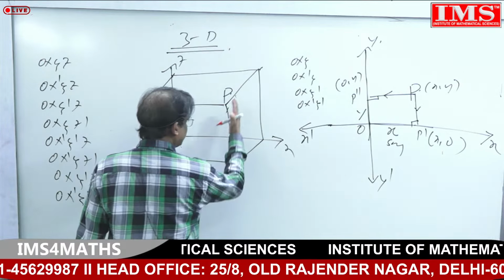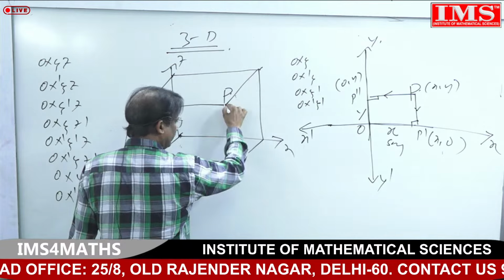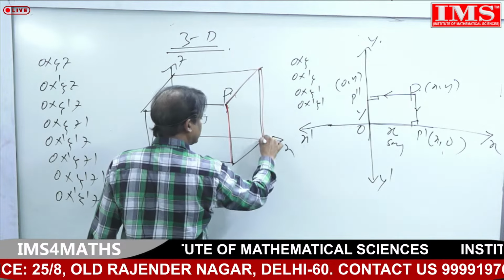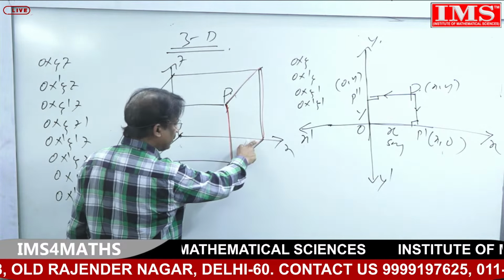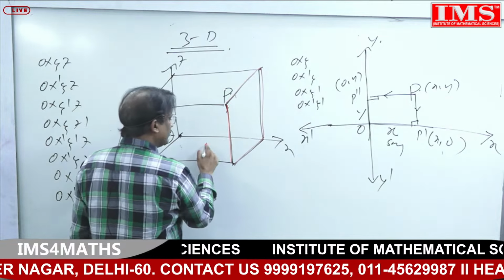The length, of course, I just told, containing this line and this, have I found a plane which intersects the axis? From this point to this plane, how much distance do you have?